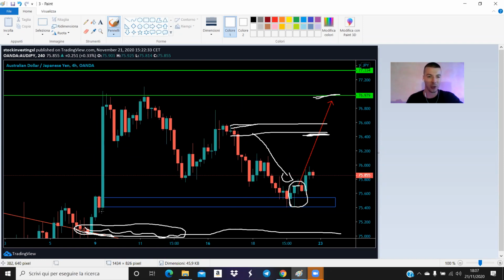Right now, after I taught you how to identify the basing candle, I'm sure that you are able to recognize them without many explanations. In this case, we are entering here, stop loss below the area, take profit at the next supply, which I showed you earlier, which is this one.